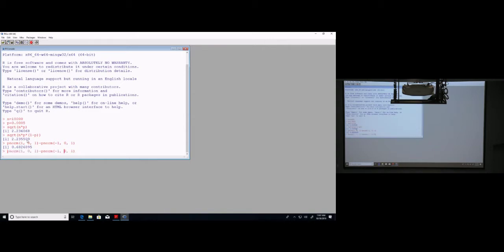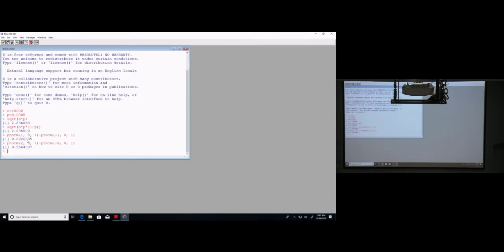How about 2 standard deviations? Okay, so this is 95.4%. So people think of it as 95, for 2.